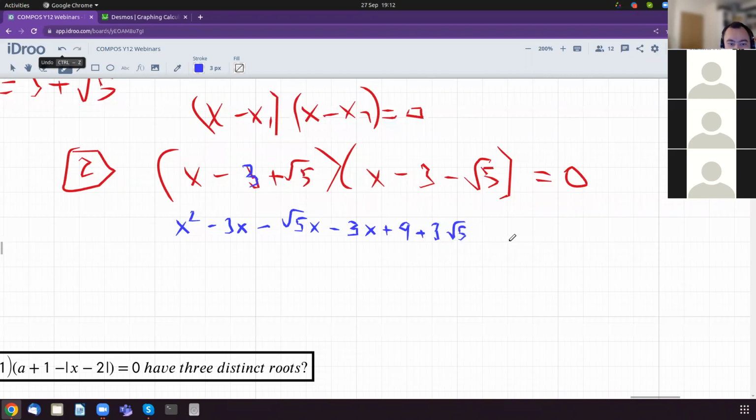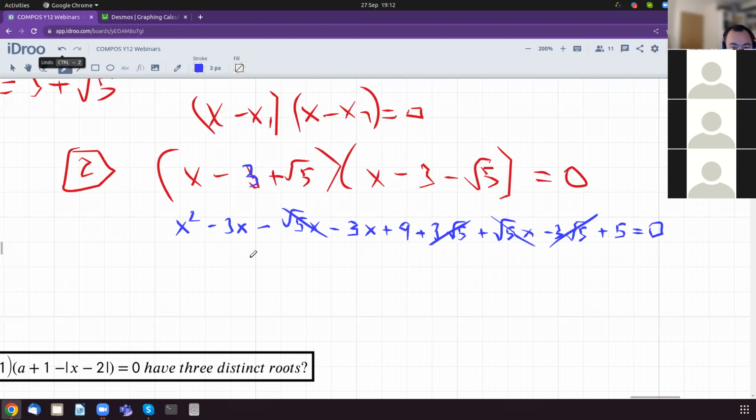And then root 5x plus root 5x, then minus 3 root 5, and then plus 5. Yeah, because 5 and 5 plus 5 equals 0. And then 3 root 5 minus 3 root 5, root 5x and root 5x.